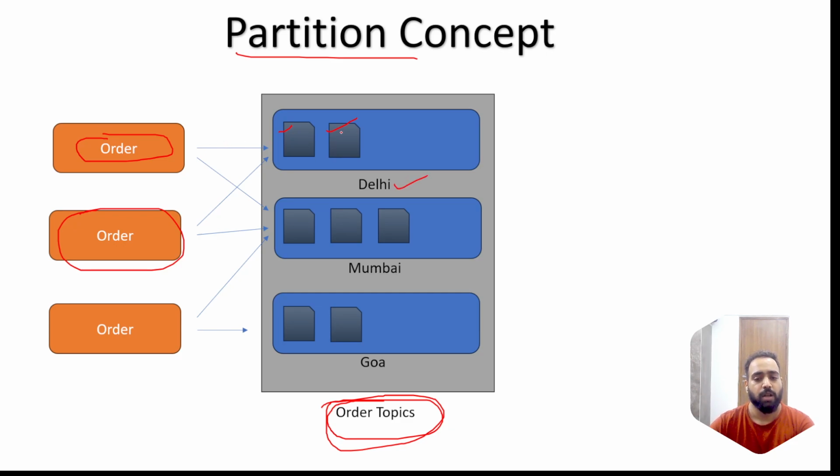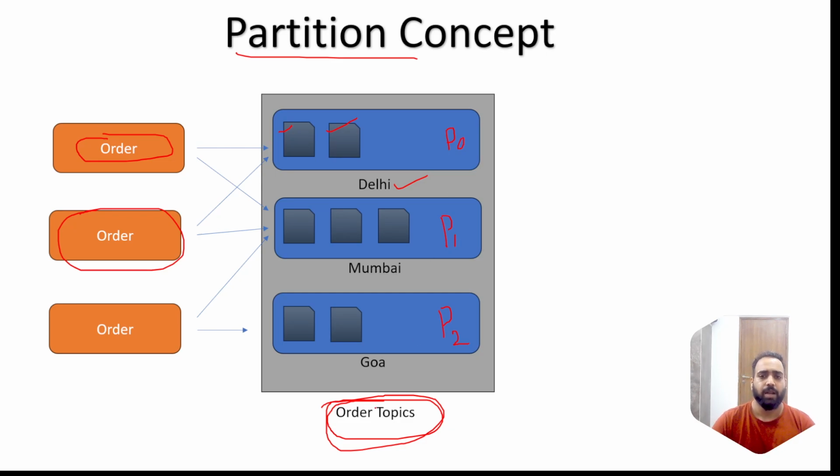So an order placed to be delivered in Delhi will be kept in this partition, call it P0, and orders placed for Mumbai will be kept in the P1 partition. An order from this microservice or from any other microservice, if it is for Goa, will be stored inside this P2 partition of the order topic.